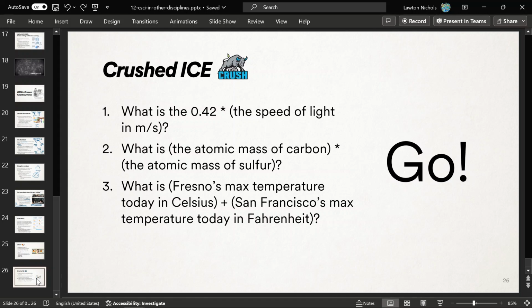So you gotta come up and get one of these markers. And I don't care to how many decimal places you get the answer right, as long as it's correct.